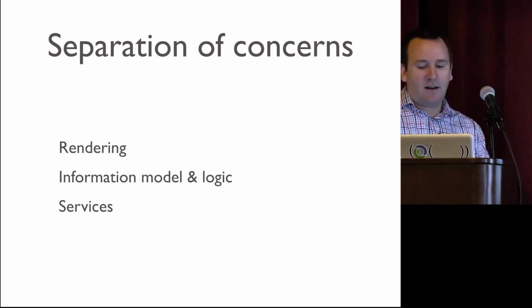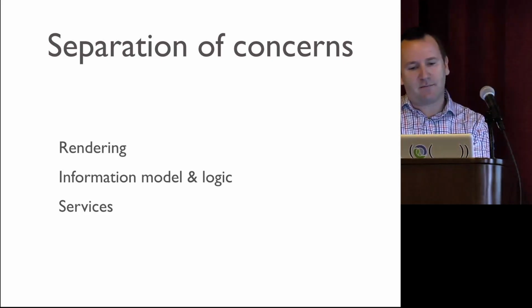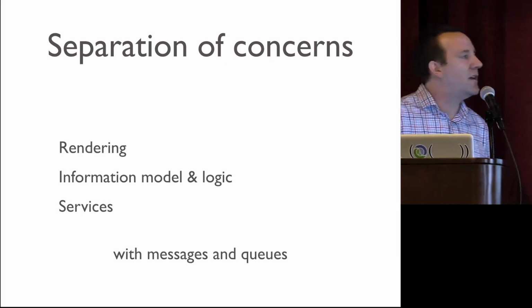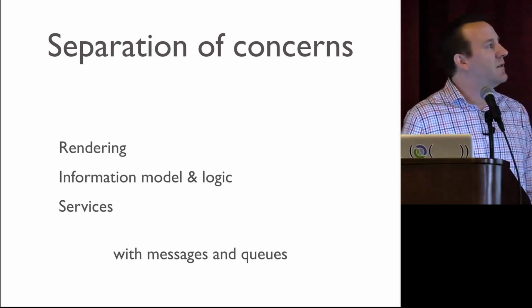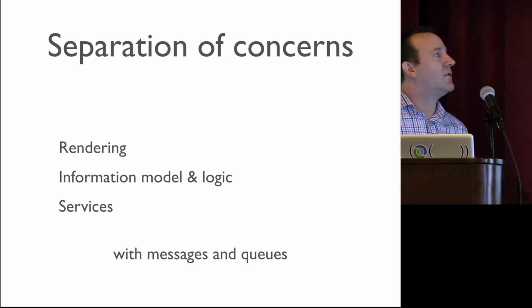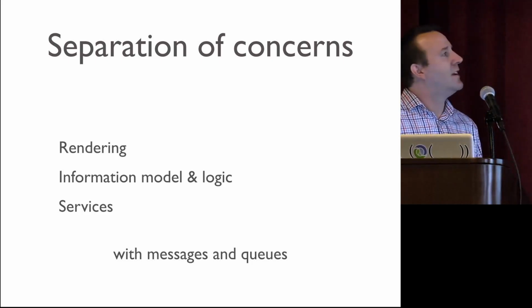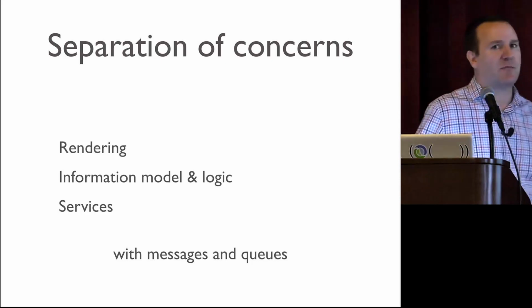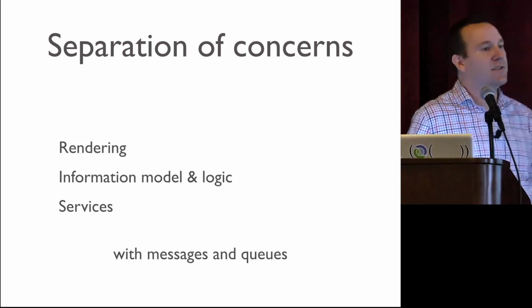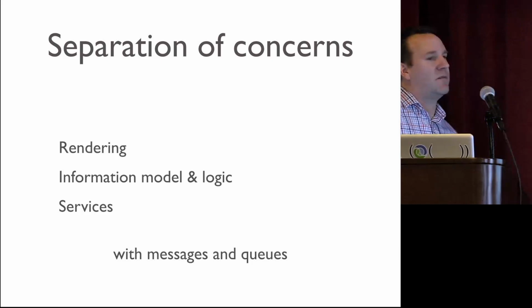So anyway, how do we separate these things? We separate them with messages and queues. There's no way to, well, you can probably call across them, but if you want to use Pedestal, you communicate between these parts by sending messages, and you send messages on queues. We don't make direct function calls across these boundaries.